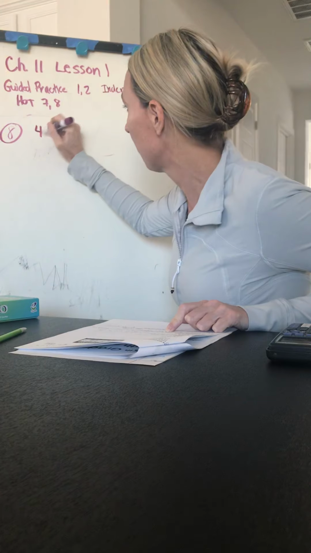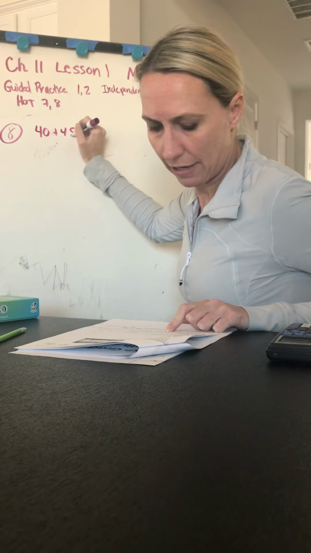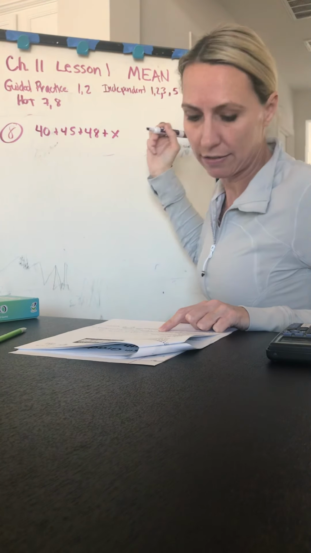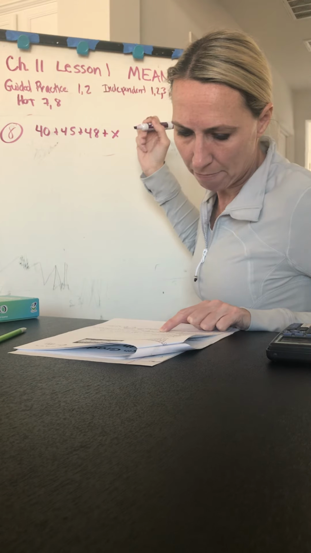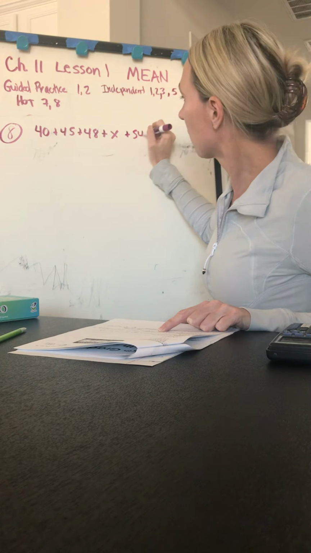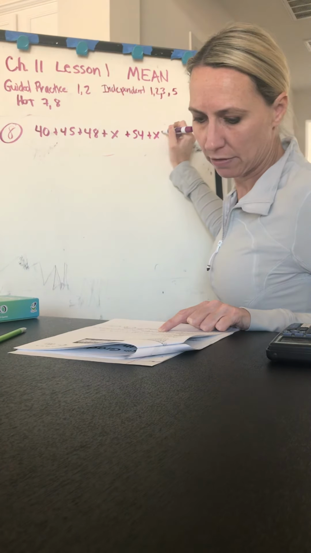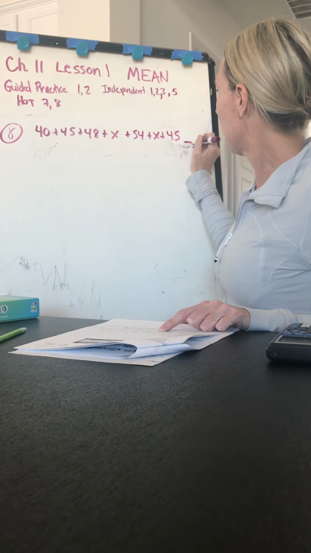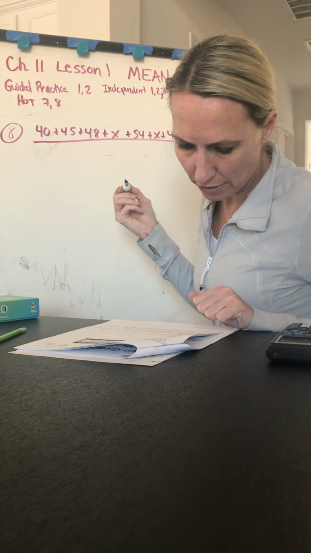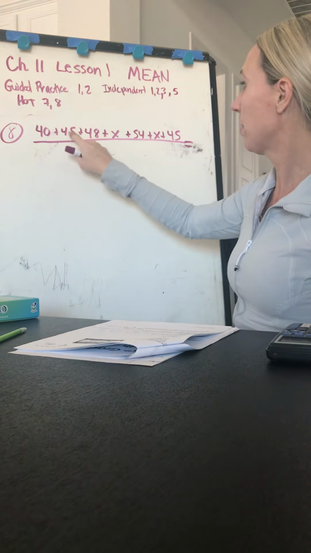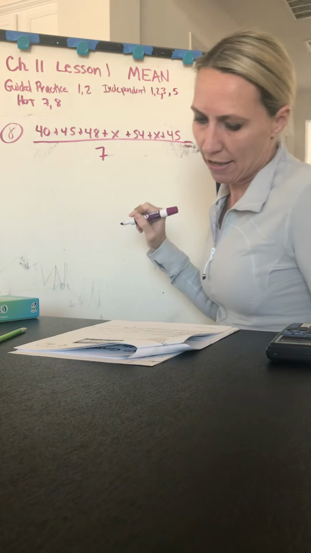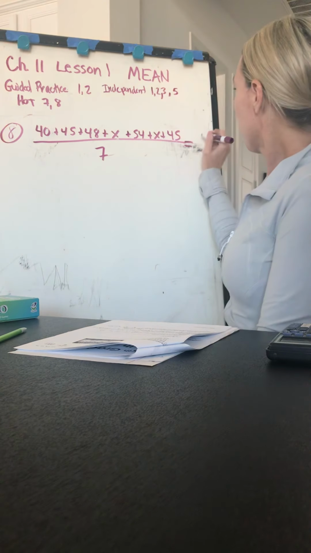We have 40, 45, 48, a question mark, I'm going to use x, 54, plus another question mark, plus 45, and all of this, after you divide by how many numbers there are, there's 1, 2, 3, 4, 5, 6, 7. You have to include those missing numbers. And then that equals 45.